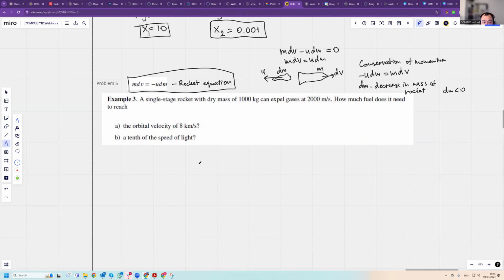Okay, so let's have a look. Just to remind you, m is the mass of the rocket. dv is the increase in speed of the rocket. u is the speed of the expelled gases.